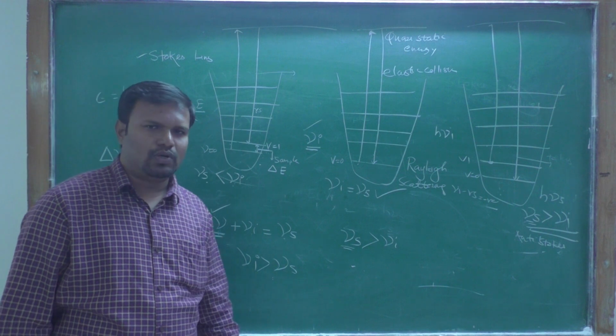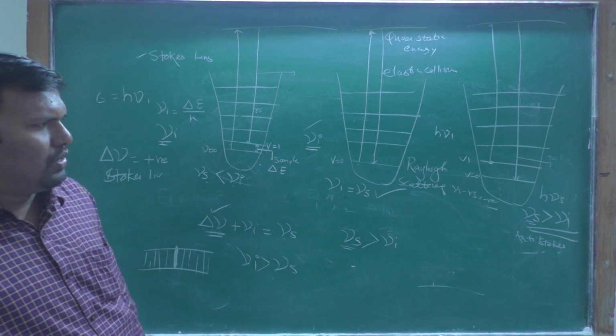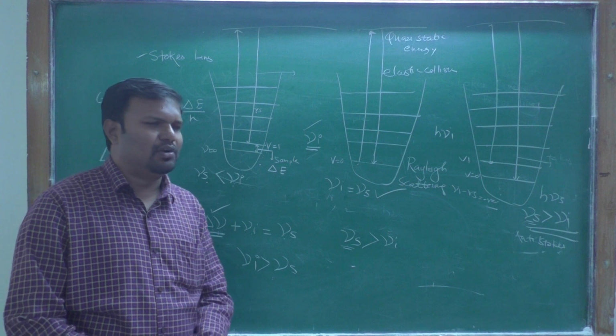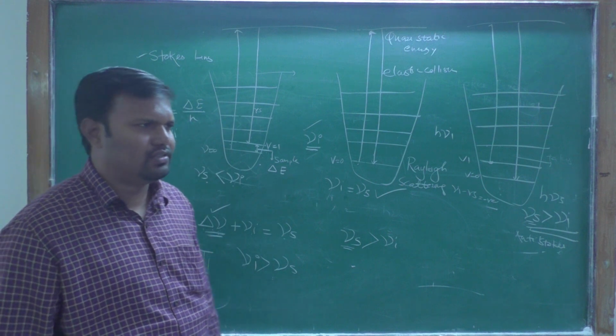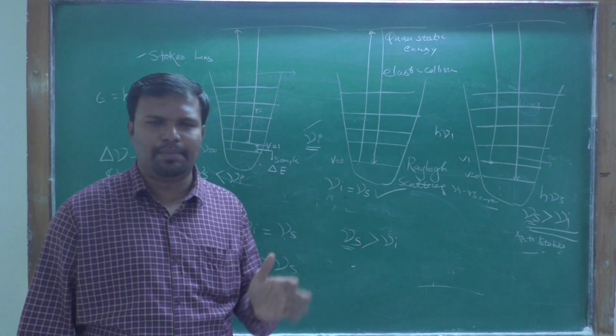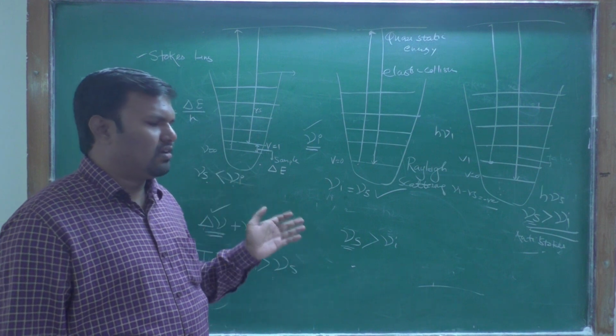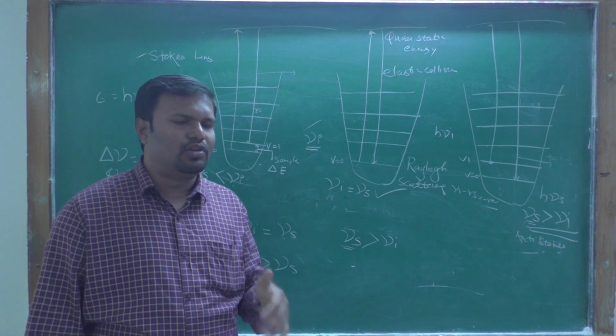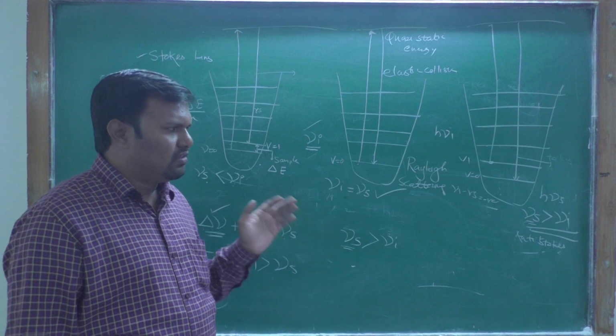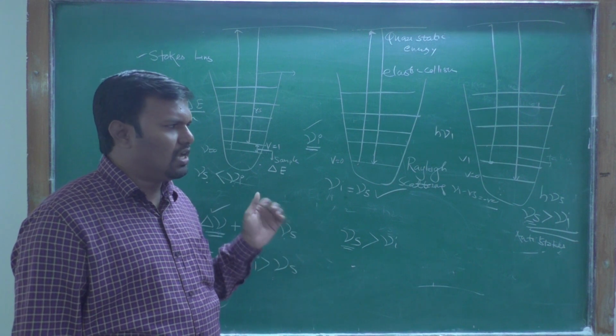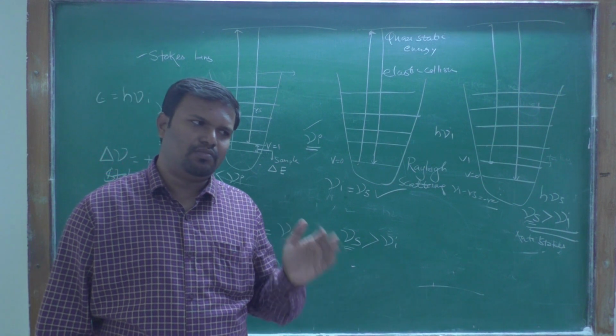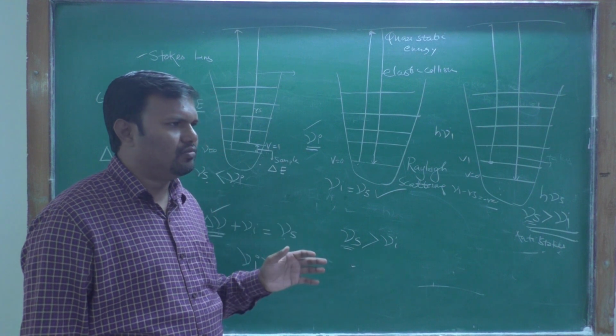Vibrational spectroscopy or microwave spectroscopy is applicable only for molecules which have dipole moments. But Raman spectroscopy is related to polarizability. Therefore, it is also applicable for molecules which do not have a dipole moment.